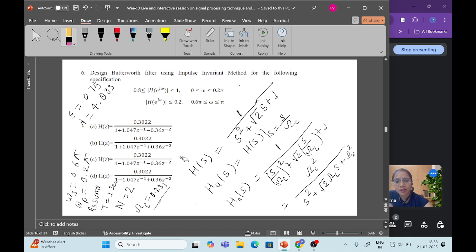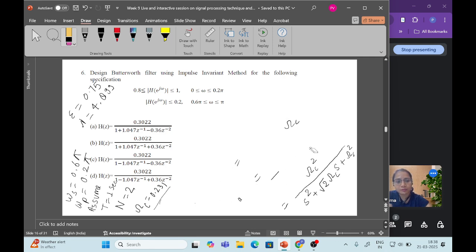I think you all have noted down, so I'm just removing it so that we are able to write. So this equation we have got.